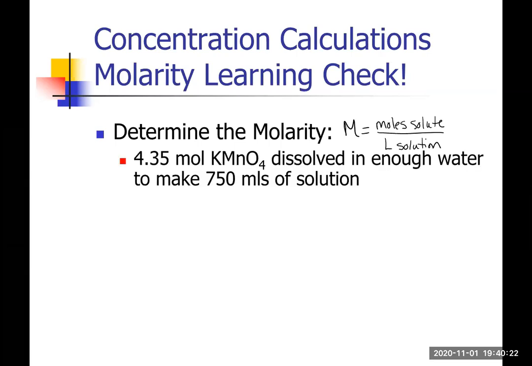So let's look at a problem. We have 4.35 moles of potassium permanganate, and so that is our moles of solute. Dissolved in enough water to make 750 mils of solution.